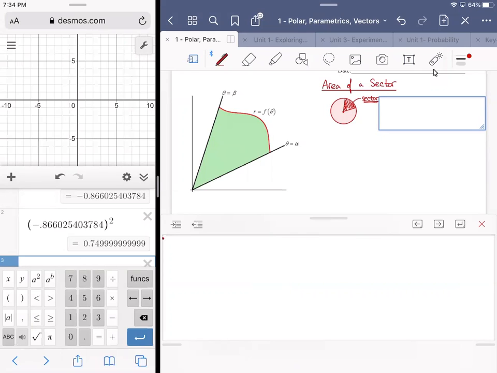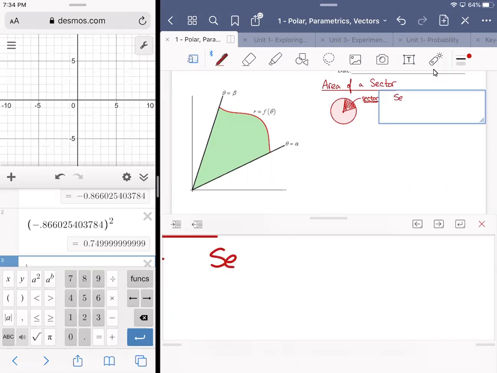Now, we got a few things going on here, and I'll give you the short derivation of it, just because I don't want to beat this to death too much, but this looks like a triangular region, right?